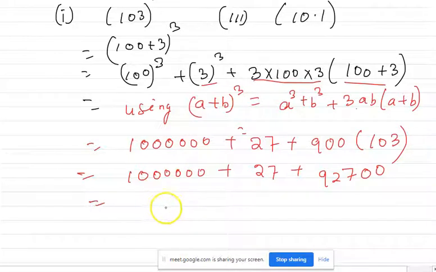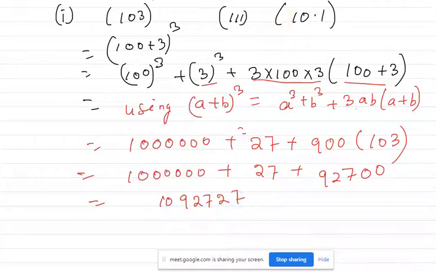If you add, it will come 1092727. Use calculator, no problem. Are you getting? Any doubt, tell me.